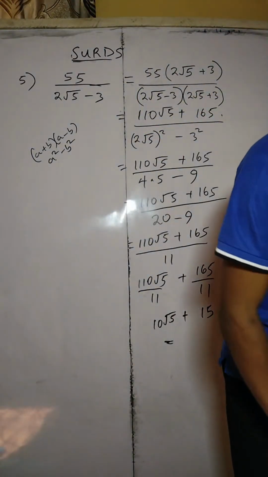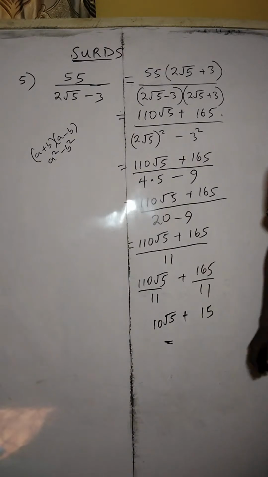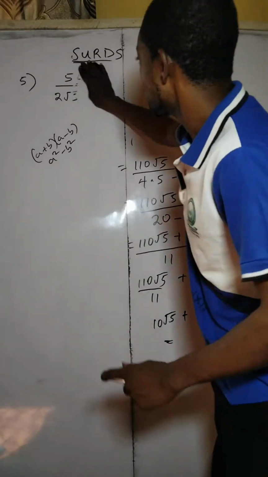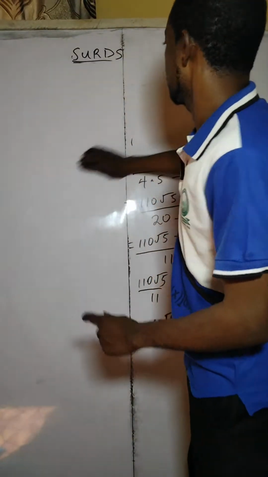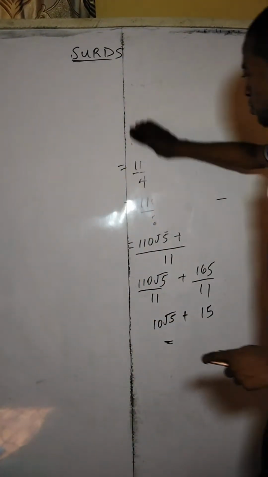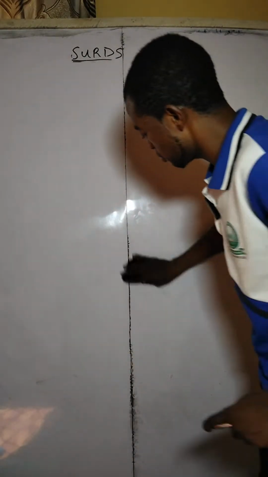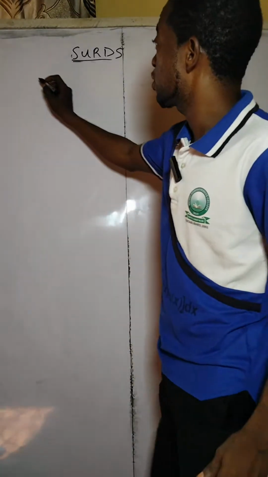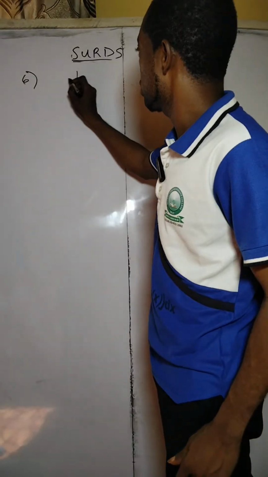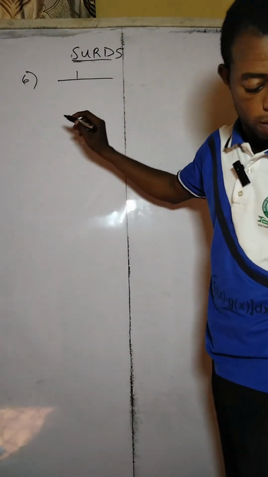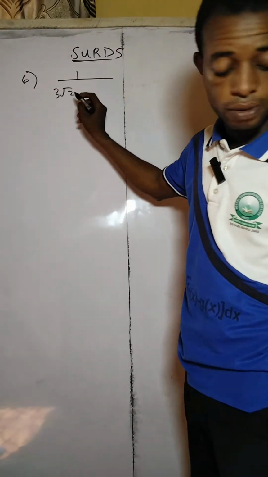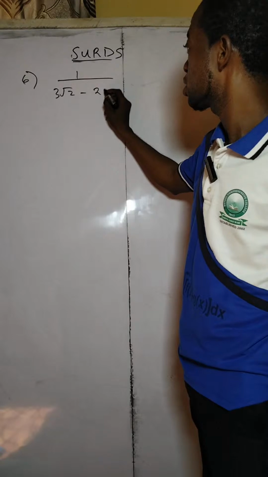Okay, so let's look at another one. Let's solve more. The next one here, which is number 6, we have: simplify 1 over 3 root 2 minus 2 root 3.